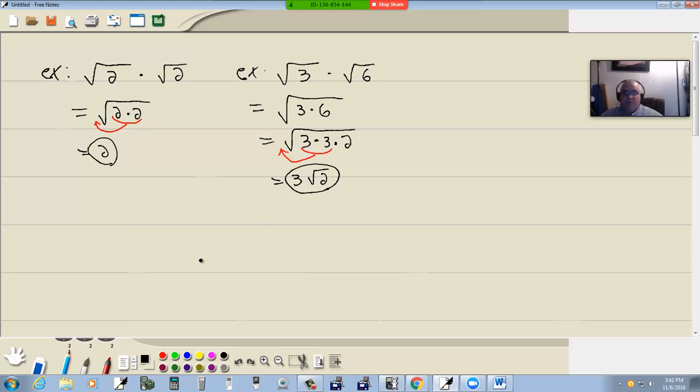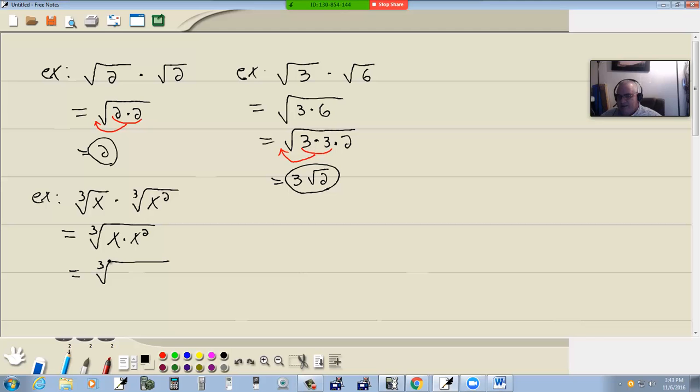Now, this same principle holds true when you've got different indexes. If I had the cube root of x times the cube root of x squared, assuming all my variables are positive, then we'd have the cube root of x times x squared.